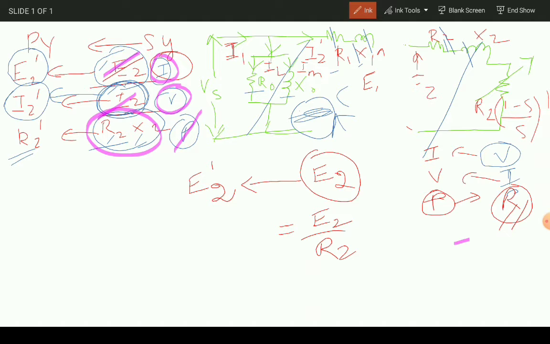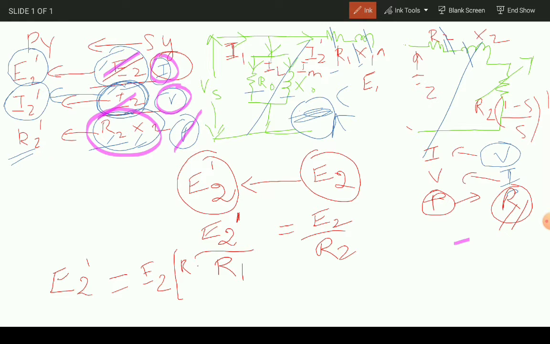When the same voltage is transferred to primary, it can give a current of E2 dash divided by primary resistance R1. So if this voltage is in the secondary, what could be the current? If this is shifted to primary, what could be the current due to that particular source? E2 dash by R1. Now we want to find E2 dash. So E2 dash is equal to E2 times, in brackets, R1 by R2.